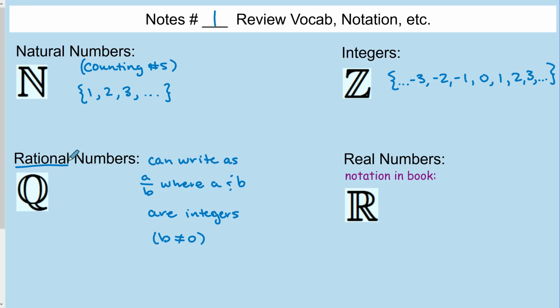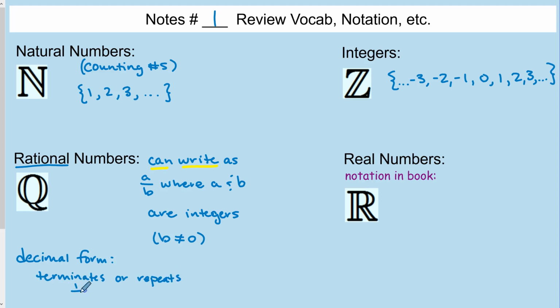But if it can be written as a fraction, even if it isn't originally written that way, if it can be written as a over b, where a and b are integers and b is not 0, then it is rational. If it's written in decimal form, and it's rational, it's either going to terminate or repeat.